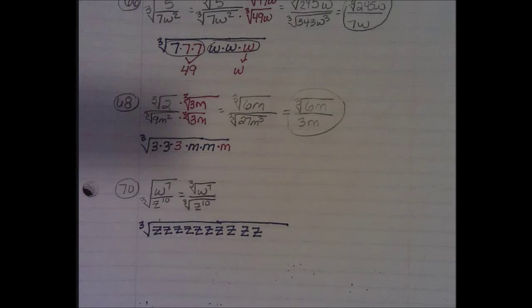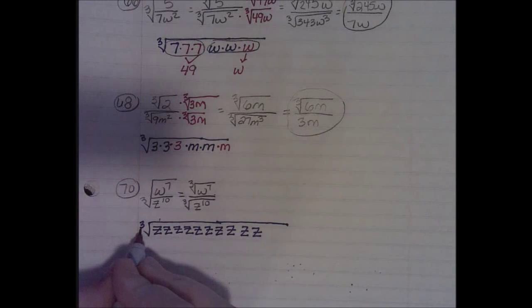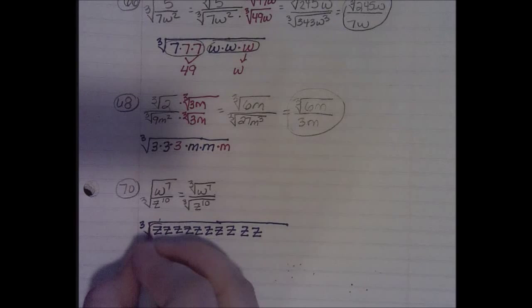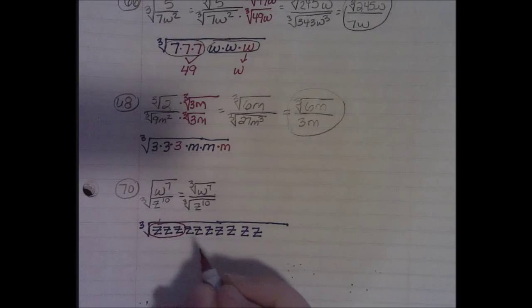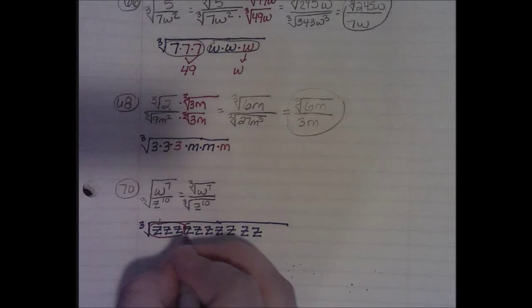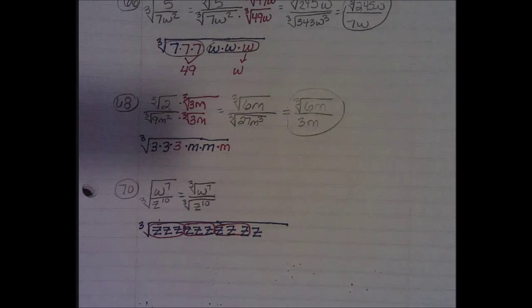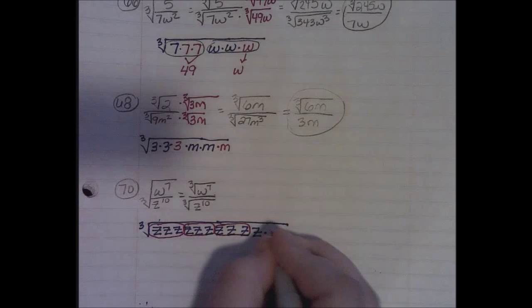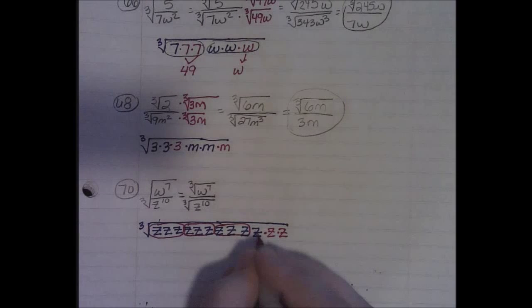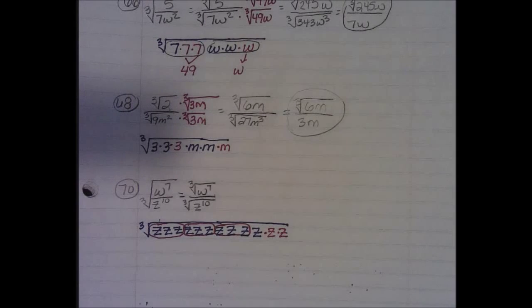So let's look and see what we need. I'm going to circle these in groups of 3 because I need 3 of something to release it from the radical. So here I have one group. I have another group here. I have another group here. And then I have one lonely z left over. So I need to multiply here by 2 additional z's, because that would give this z the 2 additional ones that it needs.